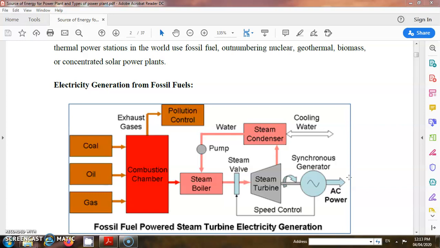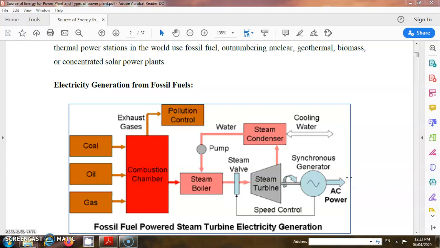There are two types of boilers available. The first is the fire tube boiler, the second is the water tube boiler. But for high pressure, high power generation capacity, we use the water tube boiler. The main function of the boiler is to convert water into steam, and the ultimate aim is to produce high pressurized steam.